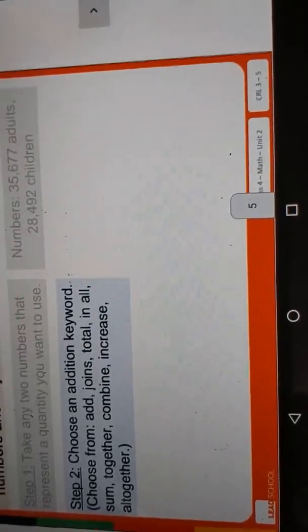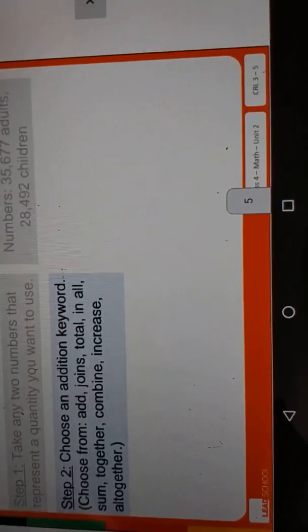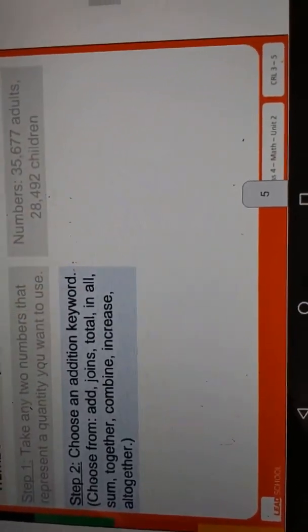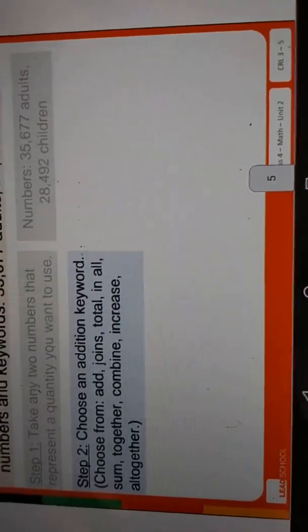If you see these types of words, that means we have to do the addition. What do we have to do, students? We have to do the addition.